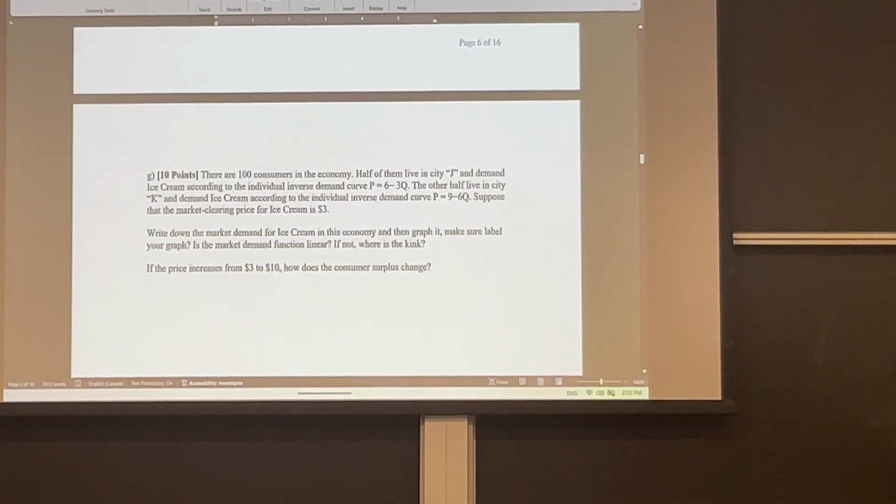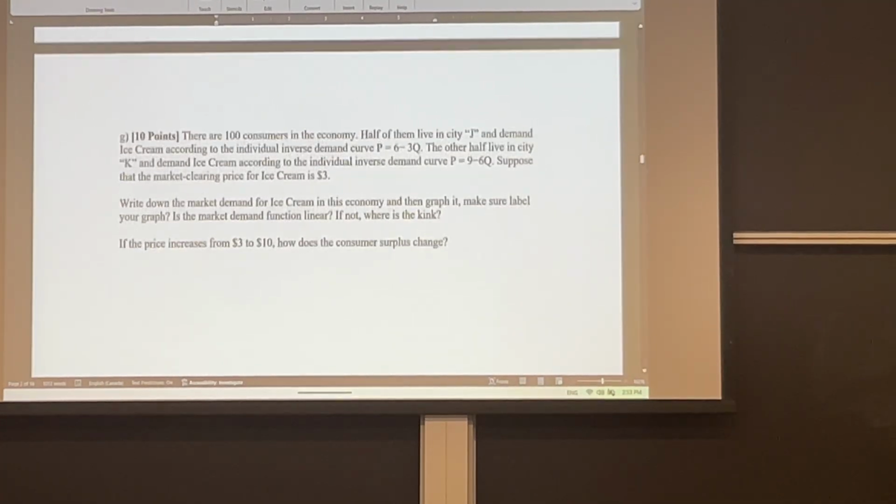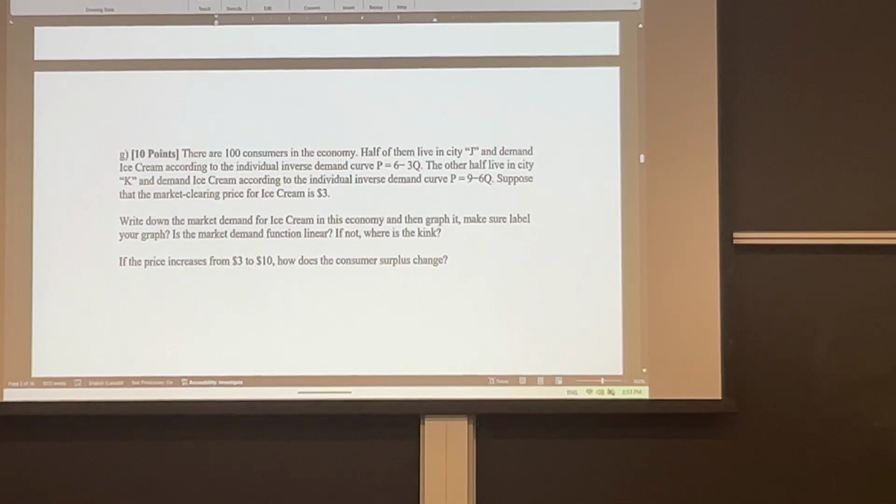Last short question. If I do this one, I've done 43% of the test. Yes. This is market demand. We did several of them. That's similar. We have two groups in the city, one called J. That's their inverse demand.